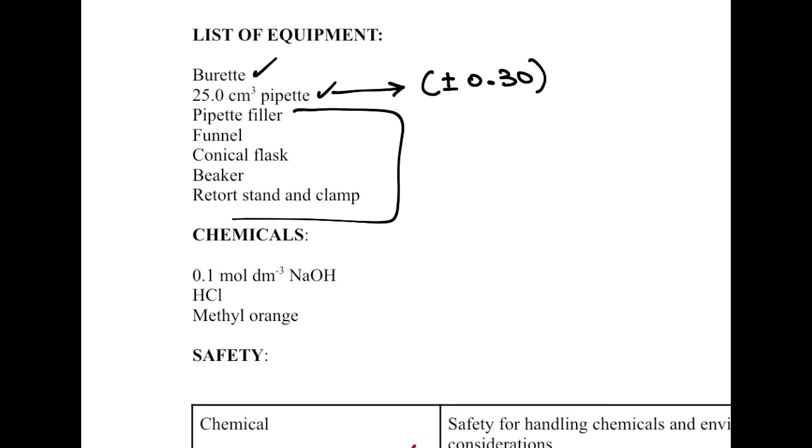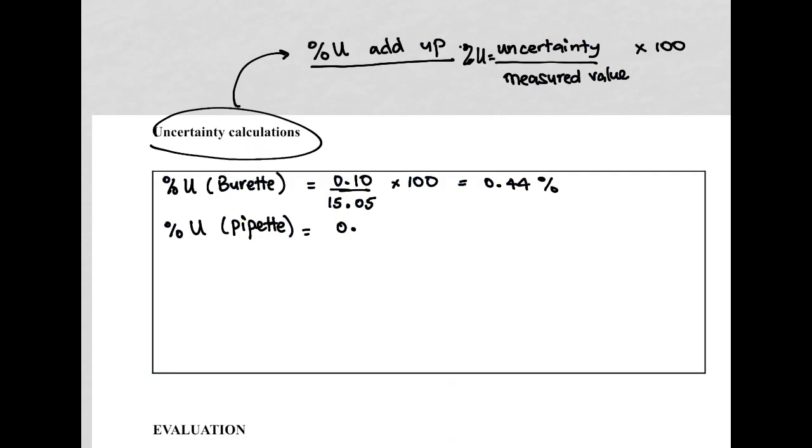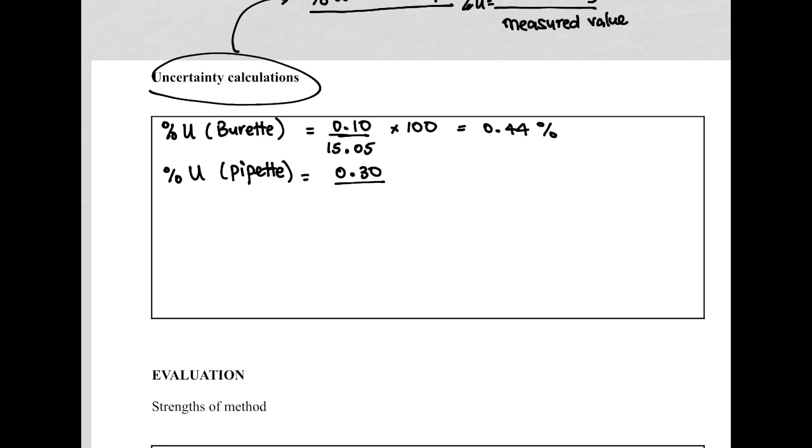That's what I am assuming. So 0.3 divided by how much we measured? We measured 25 ml. This is going to be 0.3, you have to look at the equipment, times 100.